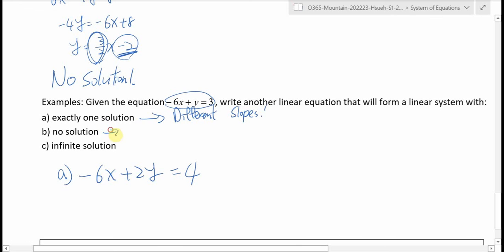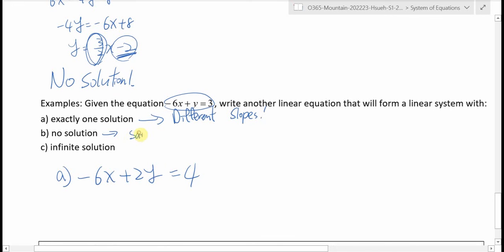For the case of no solution, we have to have the same slope and a different y-intercept. If we want the same slope, the ratio of the coefficients of x and y must be the same, so we want to make it negative 6x plus y as well.